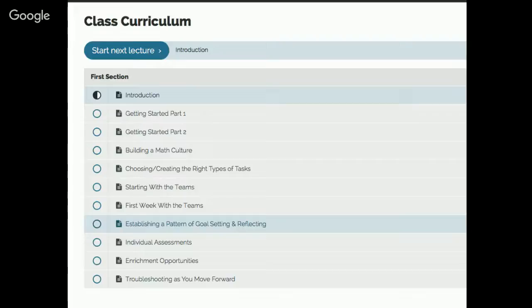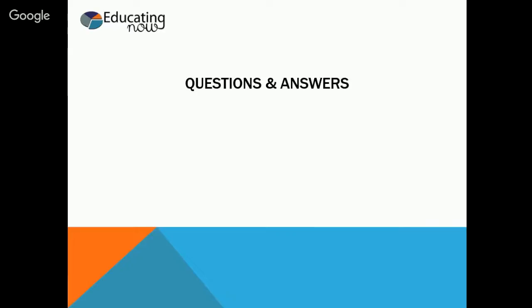And you can see that we go through a lot of the aspects. There's a whole lecture just on the first week with the teams, because that week is often very different from the weeks that follow. I should also mention that the course is interactive. There are other teachers already using this, and they're posting comments and questions. It acts as a forum so that we can support each other as educators in our classrooms.